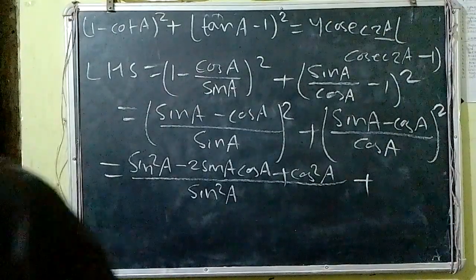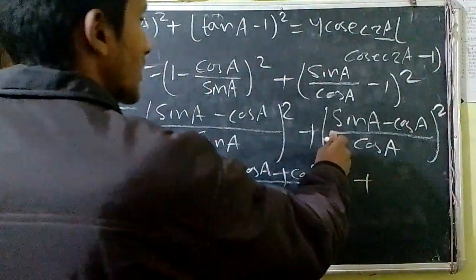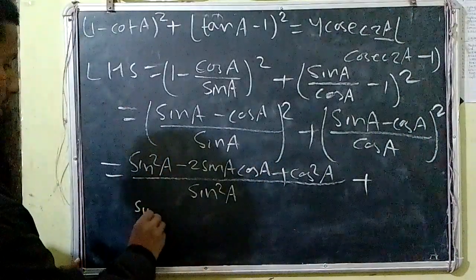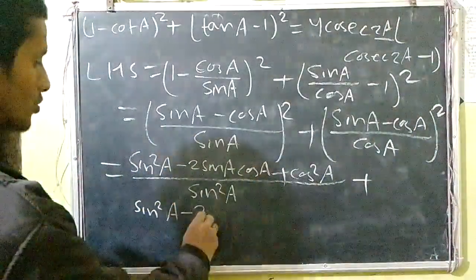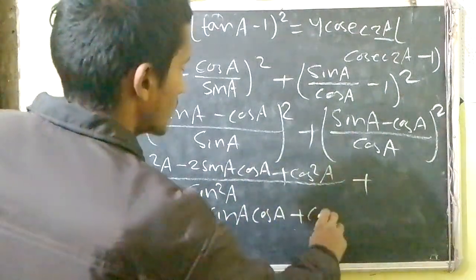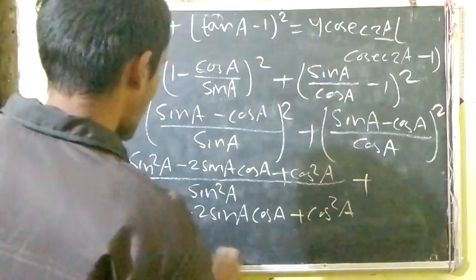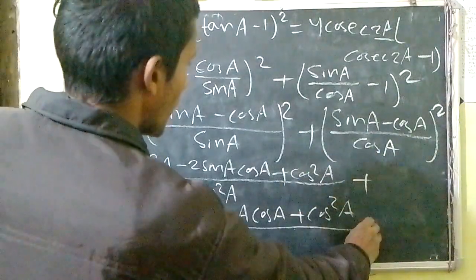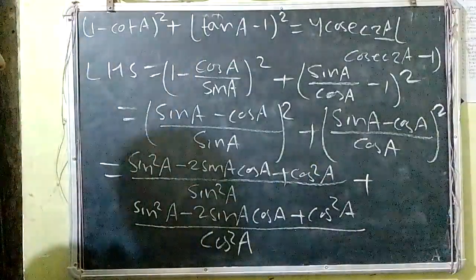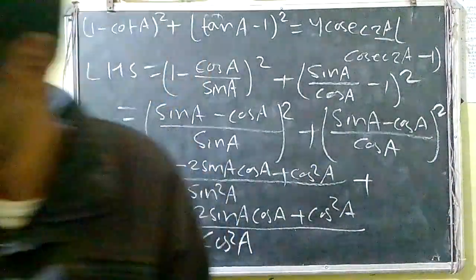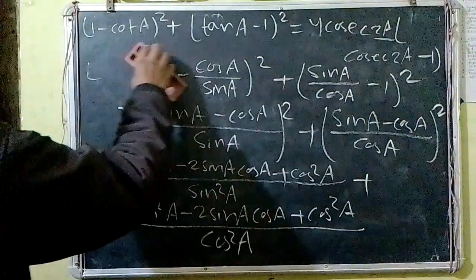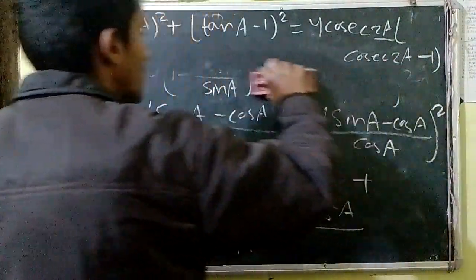Now the next step is I'm going to expand this thing out. So this becomes sine square a minus 2 sine a cosine a plus cosine square a, and this thing divided by cosine square a. Now I ran out of board, so I'm going to erase the first step and write the next step here.